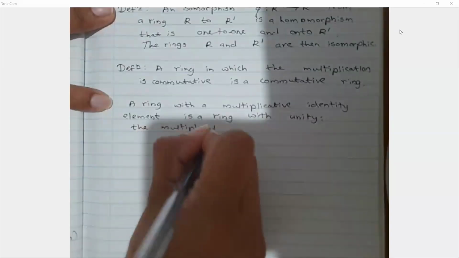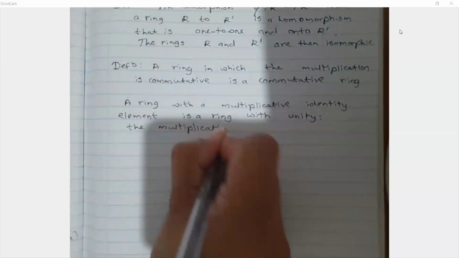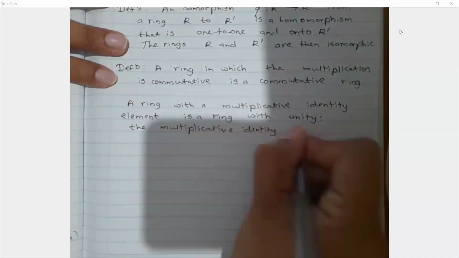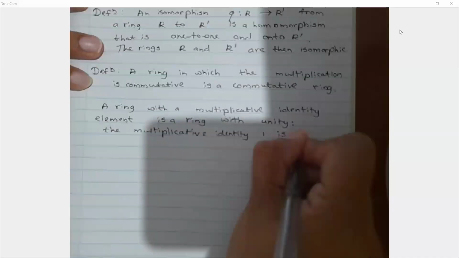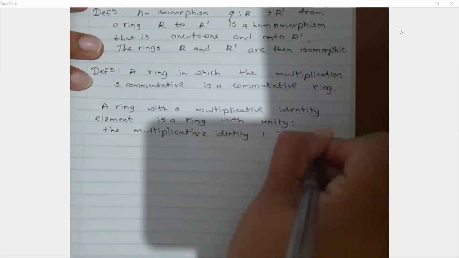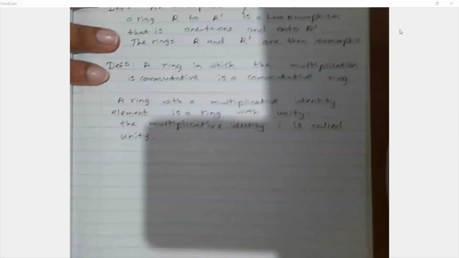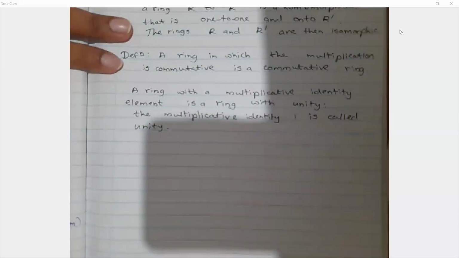It is denoted by 1, the multiplicative identity. 1 is called unity. This is what we call unity, right?